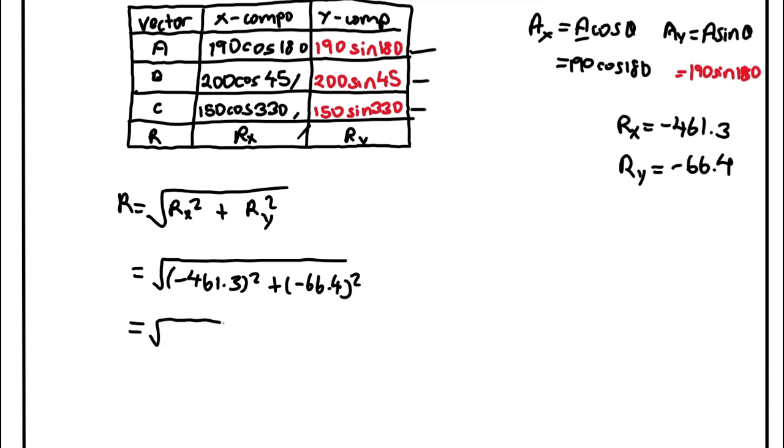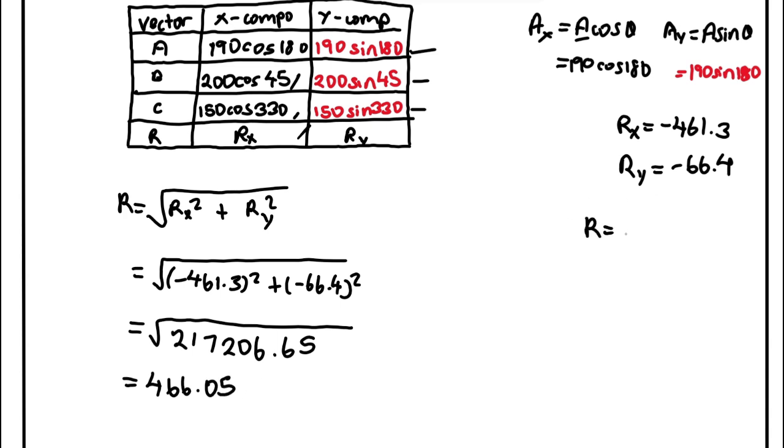That gives us the square root of 217,206.65. We take the square root of that. Our final resultant is 466.05 meters.